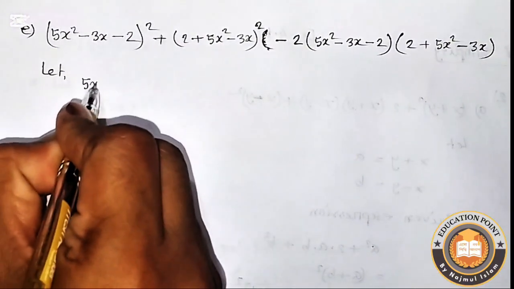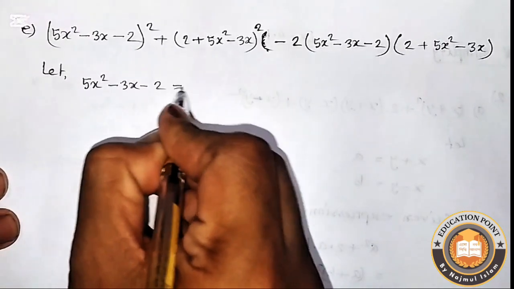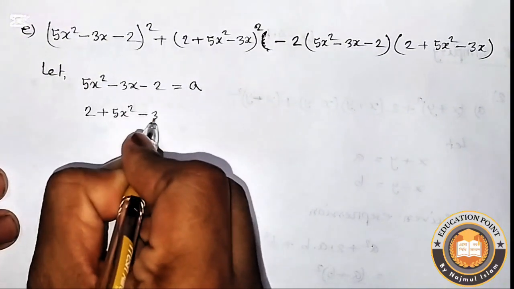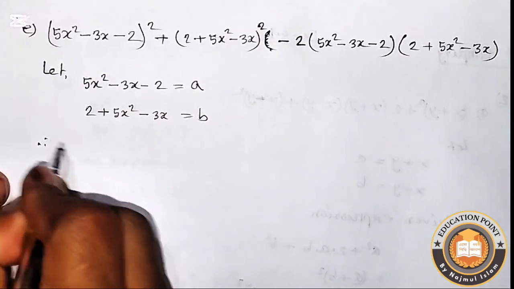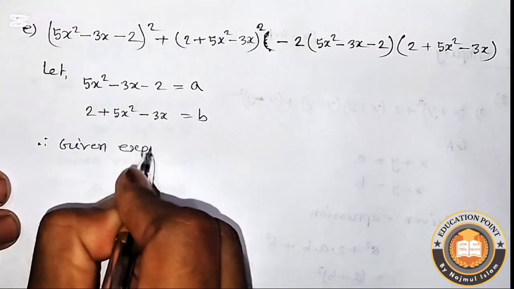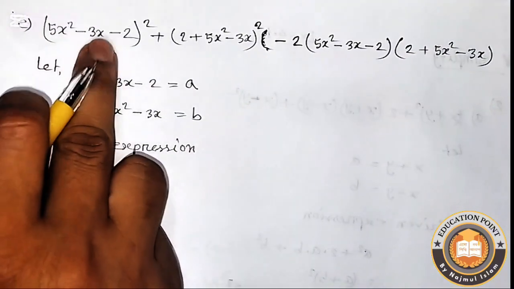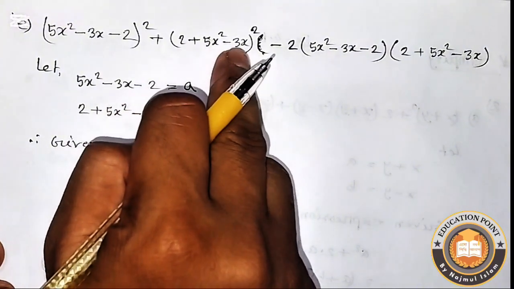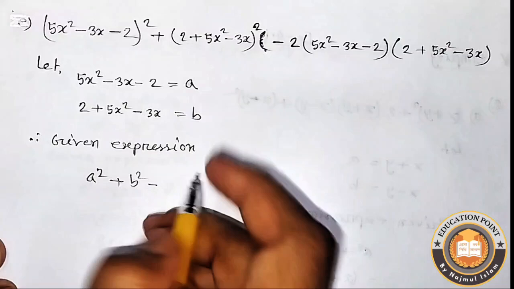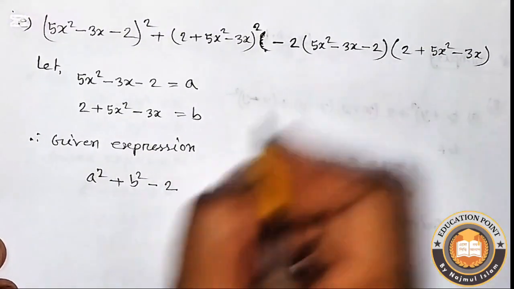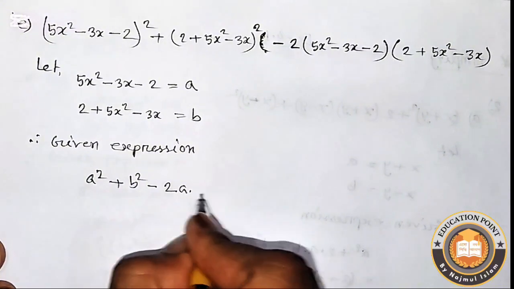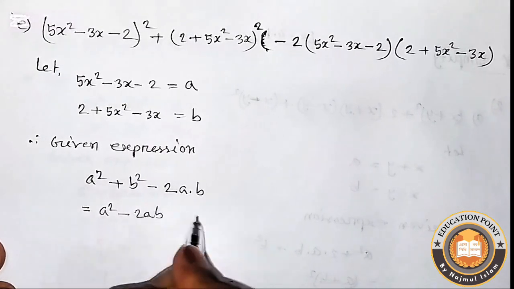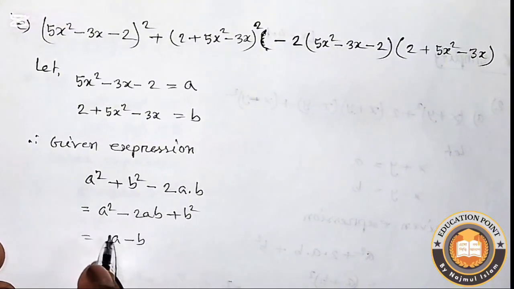Let 5x square minus 3x minus 2 consider as A, 2 plus 5x square minus 3x consider as B. So given expression, here 5x square minus 3x minus 2 consider as A, that means A square, plus 2 plus 5x square minus 3x consider as B, that means B square, minus 2 into A and B. We can rewrite this expression as A square minus 2AB plus B square. This is the formula of (A minus B) whole square.